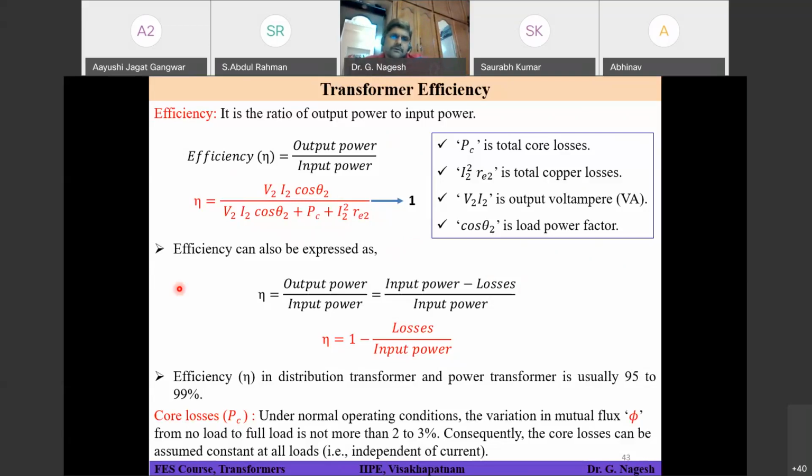So core loss, that means PC is equal to I2 square RE2. Yes, sir. Did anyone get that PC is equal to I2 square RE2?